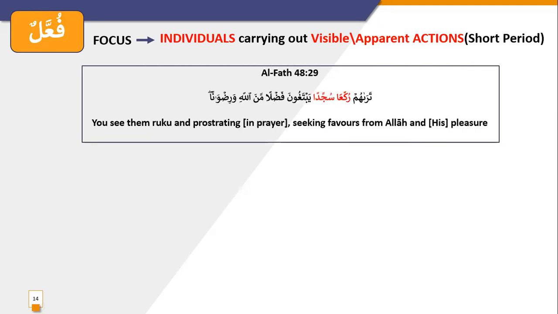Now over here, if you see in this ayah, tarahum rukka'an sujjadan. Now these, rukka'un and sujjadun, are the patterns which follow this pattern, and you see them in ruku and prostrating. Let me just highlight this.